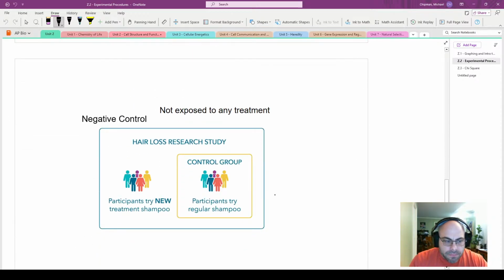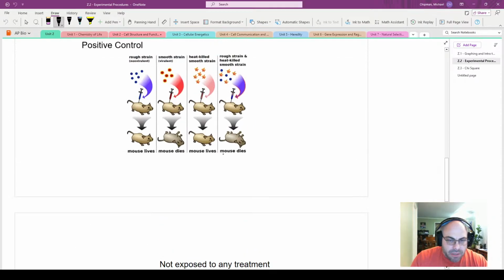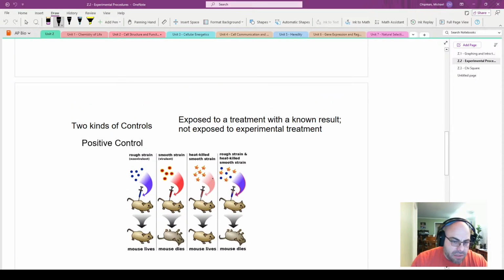A negative control is, what does virulent mean? It's a good question. Virulent means it's able to cause disease, right? That it's able to spread disease. If Mrs. Henson is still in the chat, she could probably give a more technical definition of that.